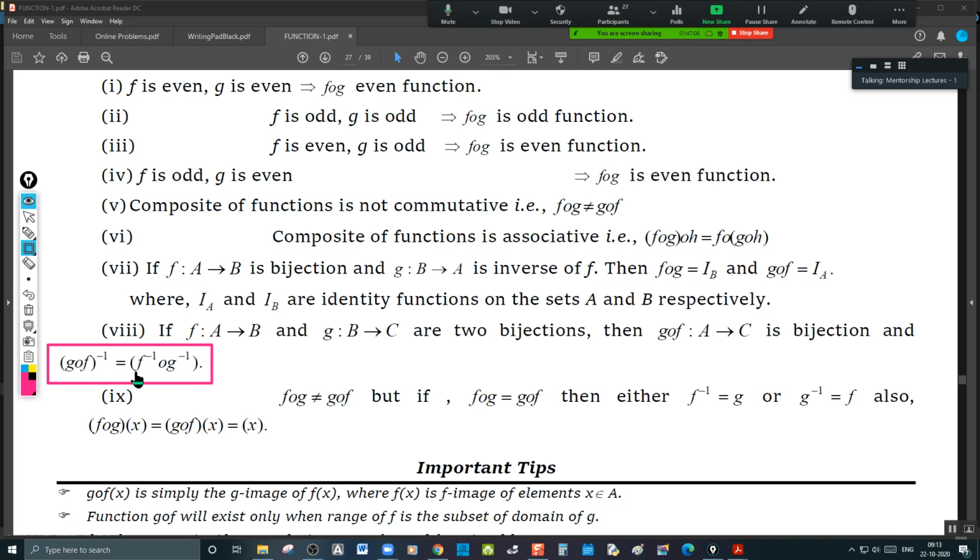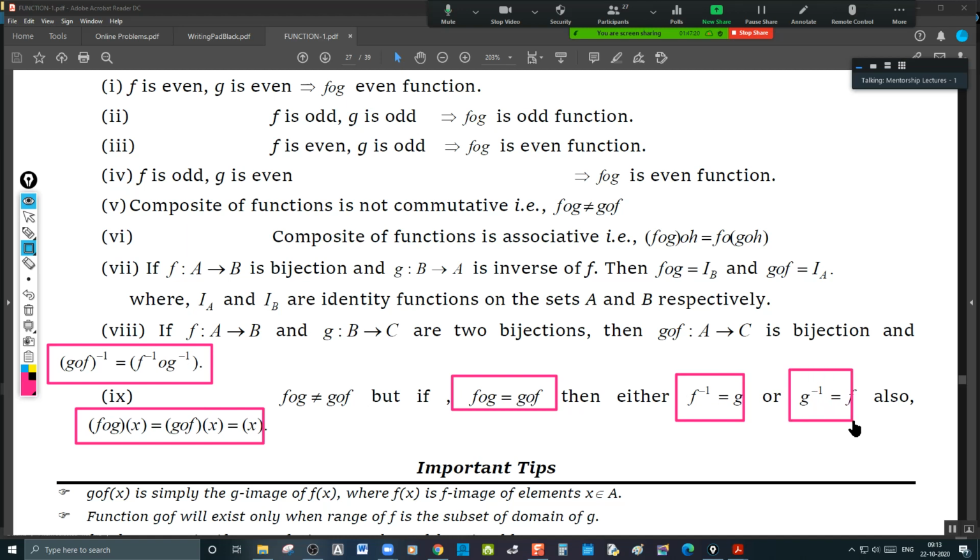F circle G of X is equal to G circle F of X. It need not always be equal. But if it is mentioned like that, this is a theorem in fact. Check whether this theorem is there in your 12th exams or not. Generally you will be given theorems in functions for long answer questions. You have to learn that.